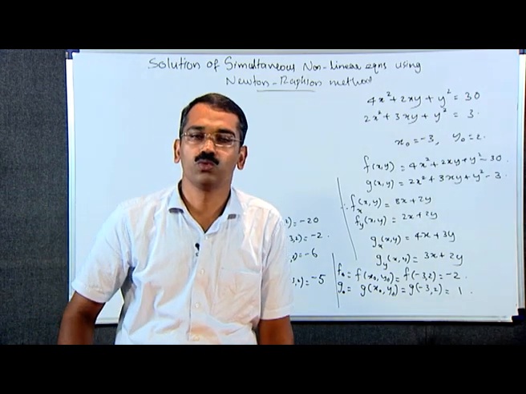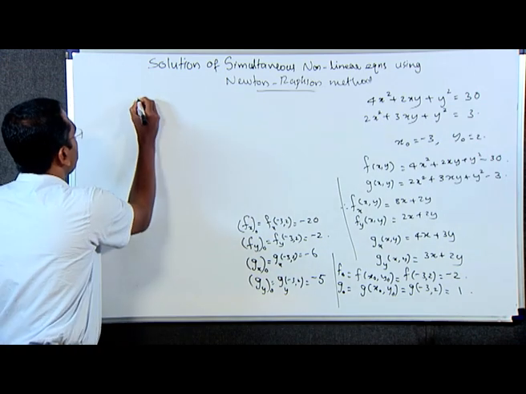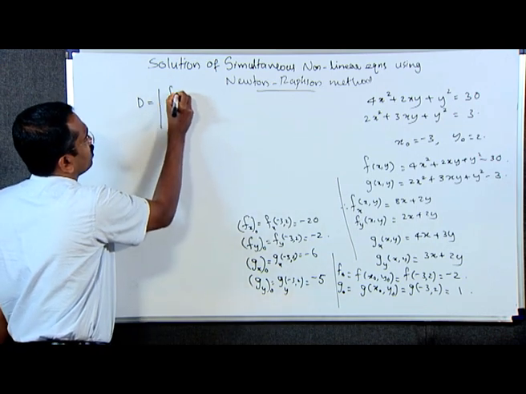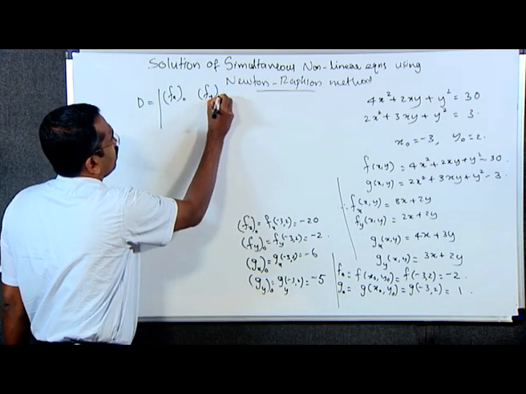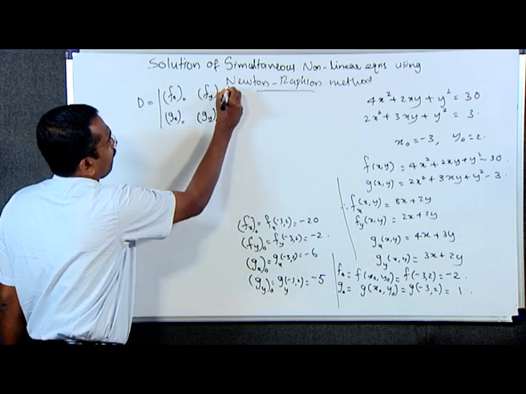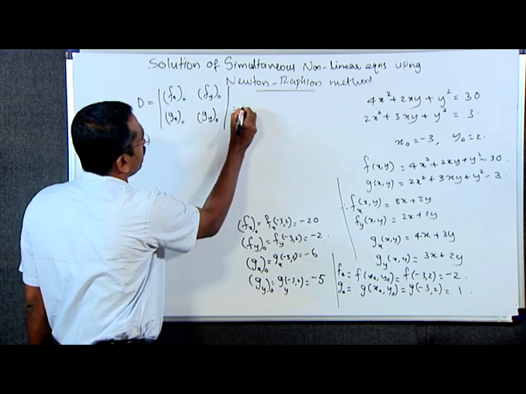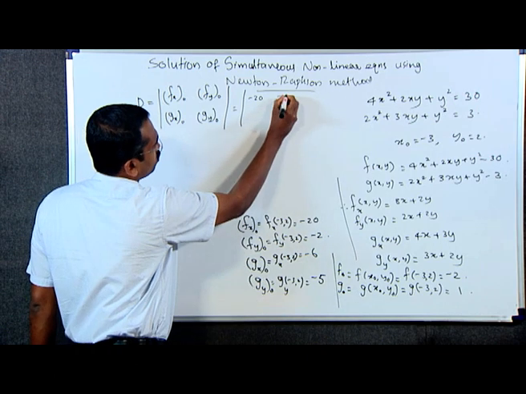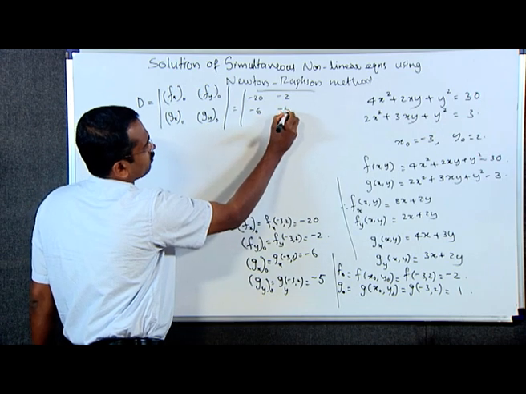Now, we want to evaluate the determinants d, dx and dy. D is equal to determinant of f x naught, f y naught, g x naught and g y naught, which is equal to determinant of f x naught is minus 20, f y naught is minus 2, g x naught is minus 6 and g y naught is minus 5.